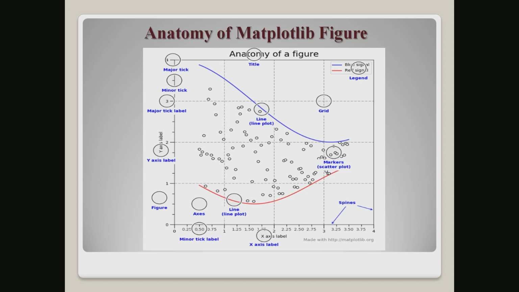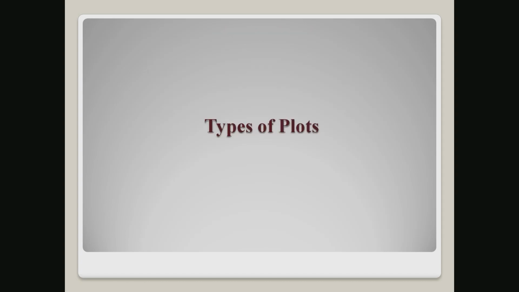On the top you have the title of the figure, and on the right hand side corner you give the legend about your graph, and you have the x-axis and y-axis, and you can create grids, lines and all. The x-axis values have minor ticks and major ticks. Then for the y-axis also you have minor and major ticks.